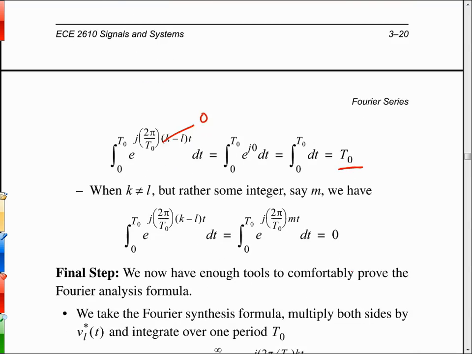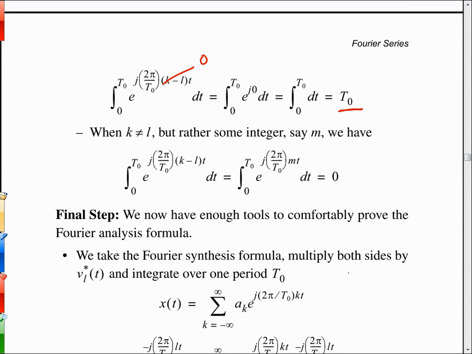So that proves part of the property, and then the other part is if k does not equal l, we can just say that k minus l is some integer m, and we're just integrating a complex sinusoid over an integer number of cycles, and as we were looking at moments ago, that's always going to be 0. So that's the orthogonality property.